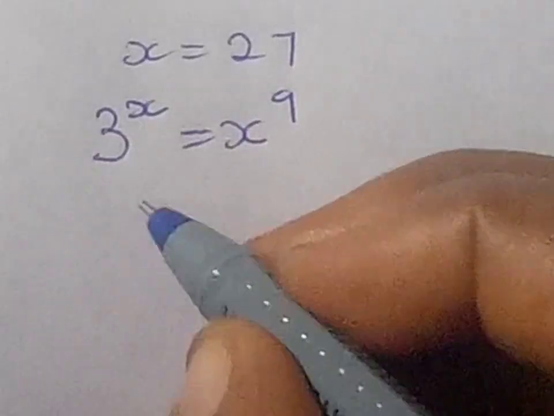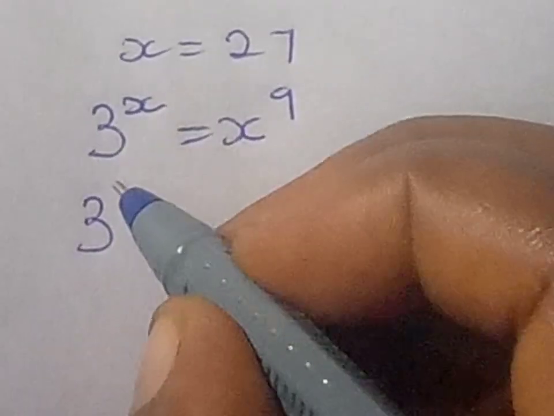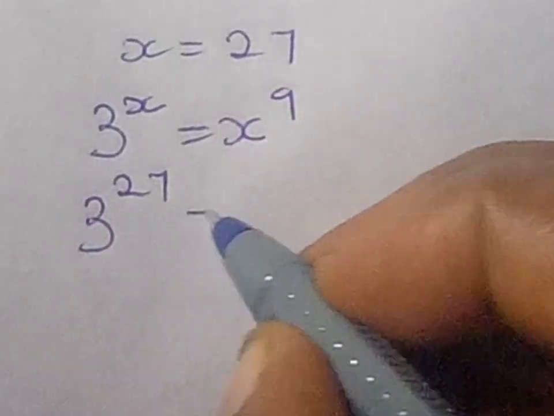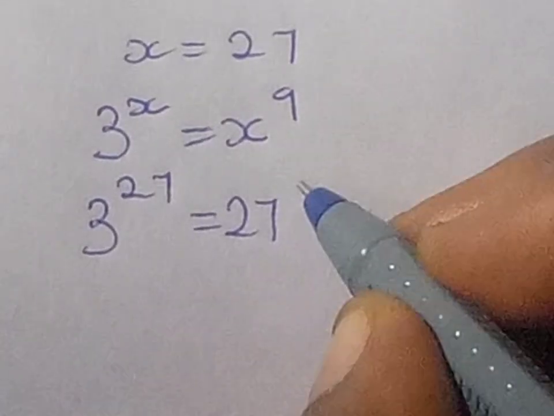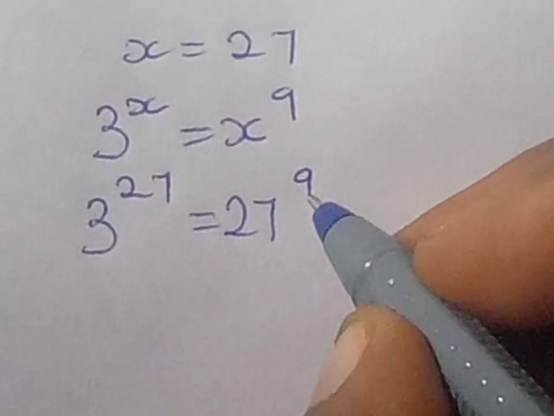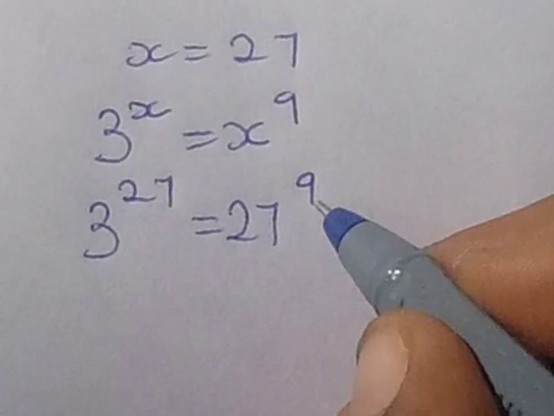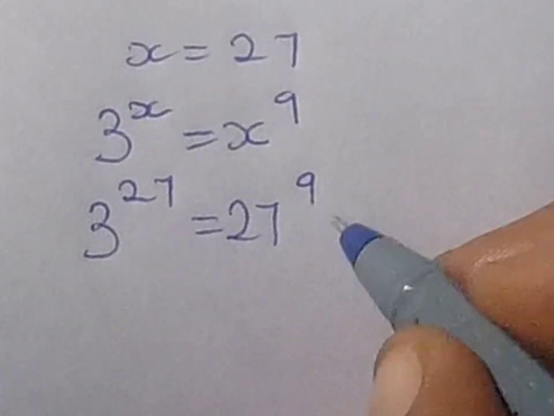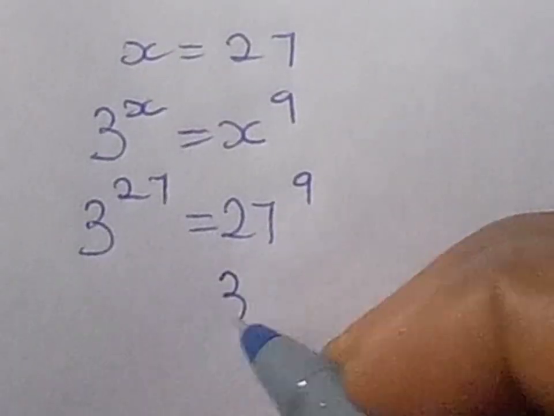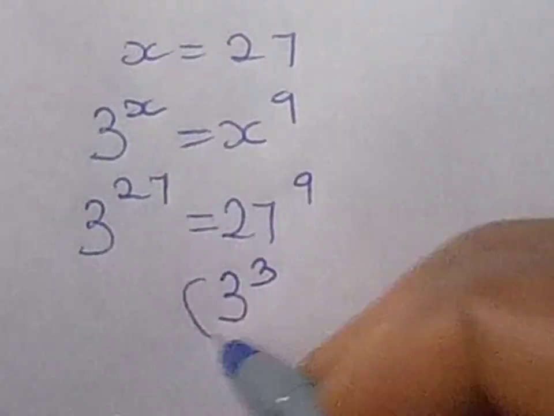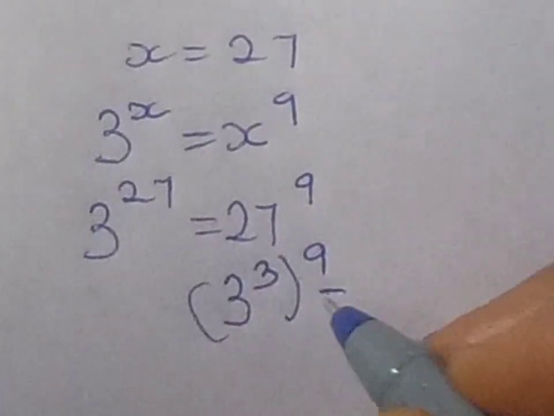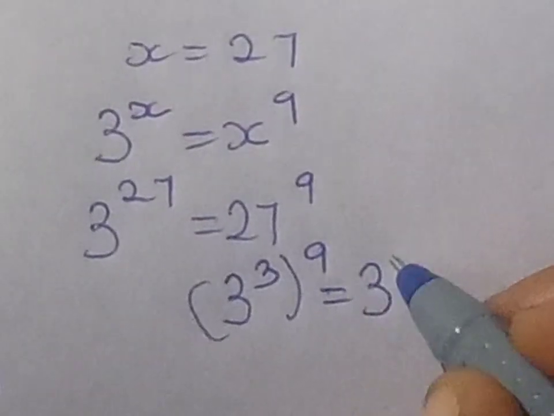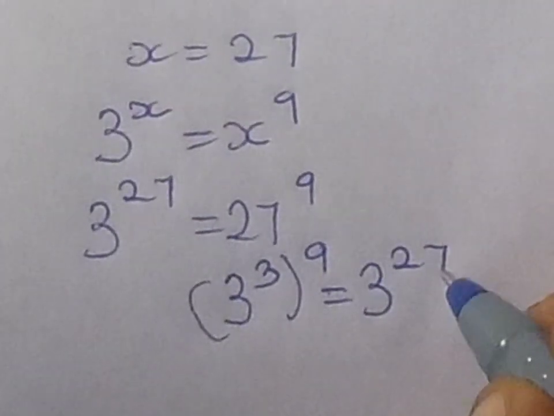So our left side will be 3 raised to the power of 27, while our right side will be 27 raised to the power of 9. Since 27 raised to the power of 9 can also be written as 3 raised to the power of 3, all raised to the power of 9, which is equal to 3 raised to the power of 27.